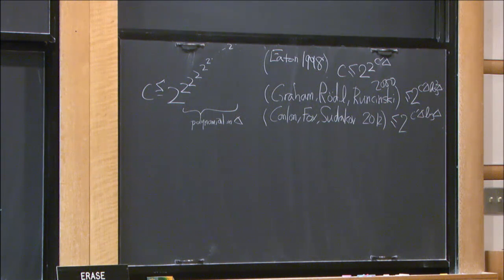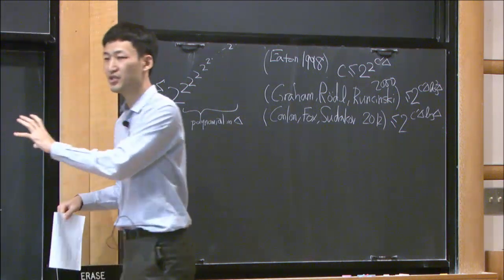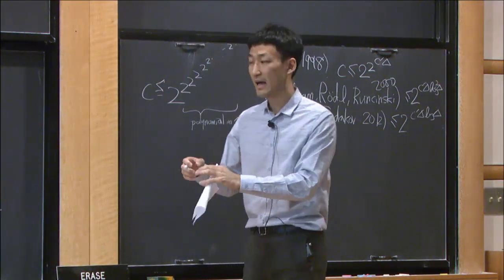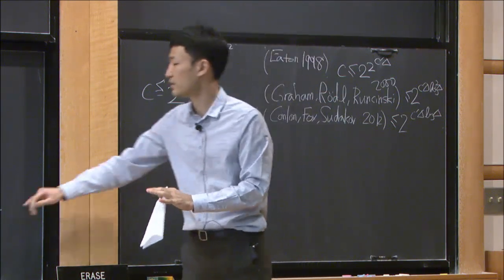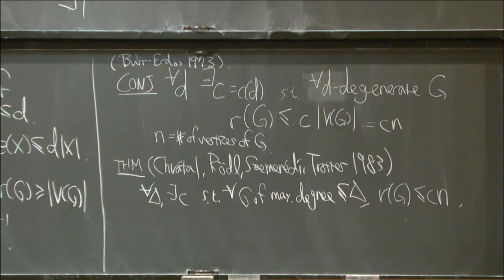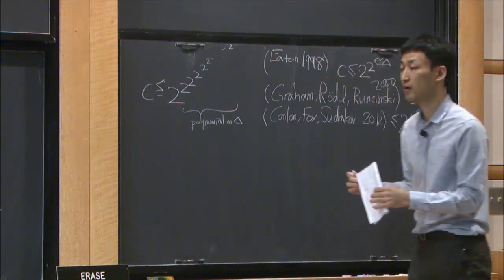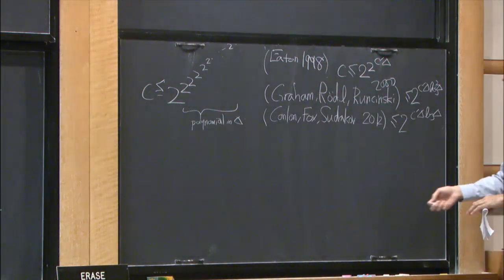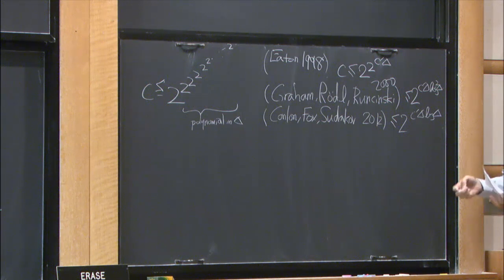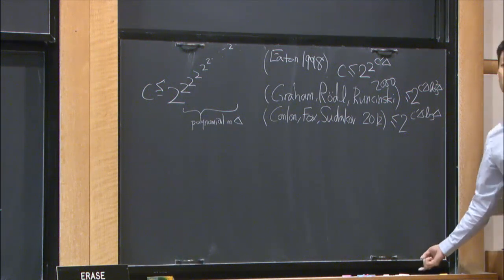And for that one, the Ramsey number is known to be exponential in delta. So this is saying that the exponential part is fixed, and now if you increase the number of vertices, the Ramsey number scales together with the number of vertices. Conlon, Fox, and Sudakov weren't able to actually prove that single exponential behavior, but got pretty close.